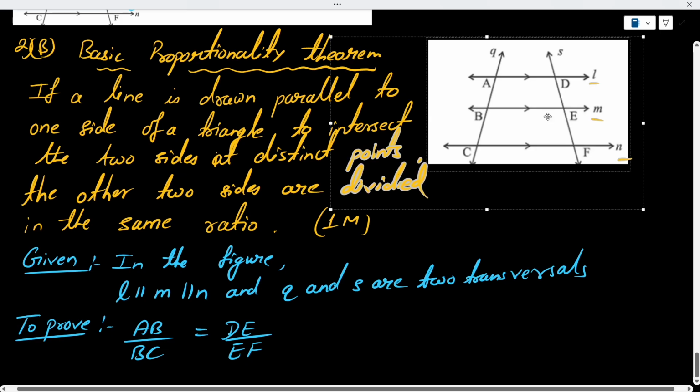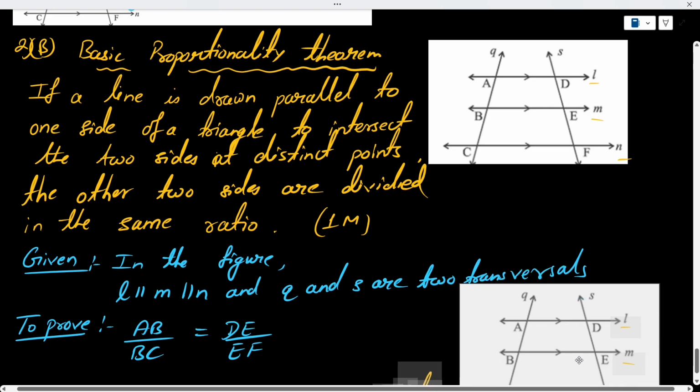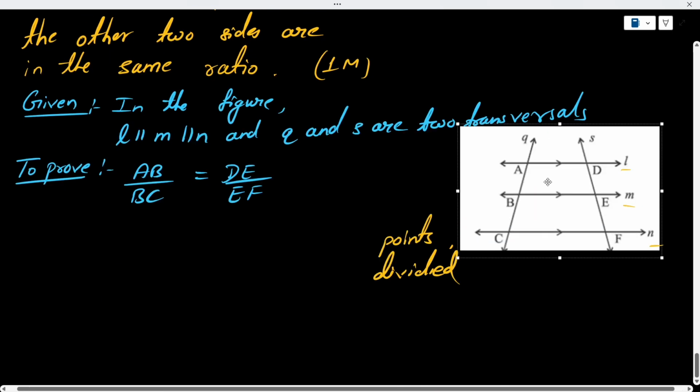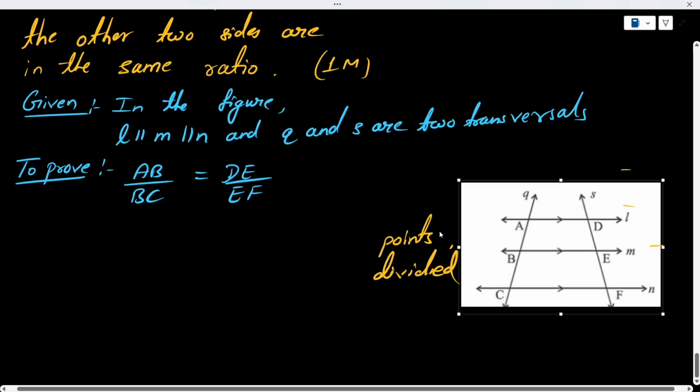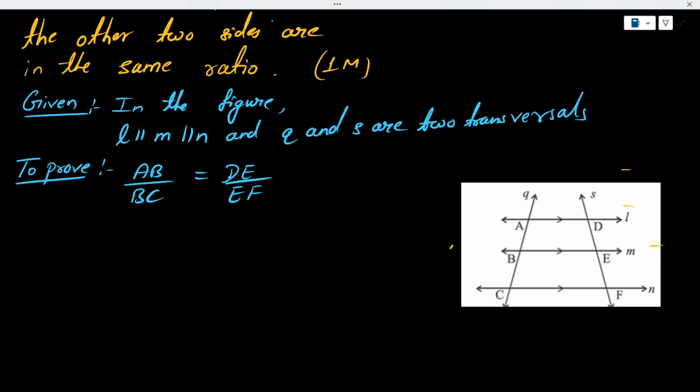So how are we going to do it here? We need a triangle to use the BPT. So yes, extra construction is required. That will go under the construction tab here.